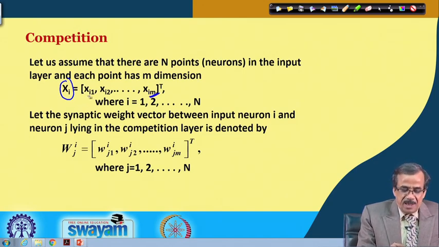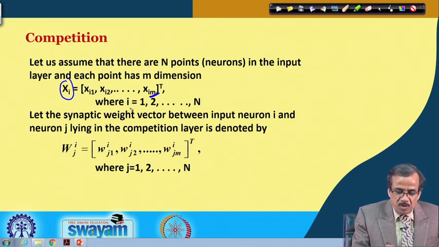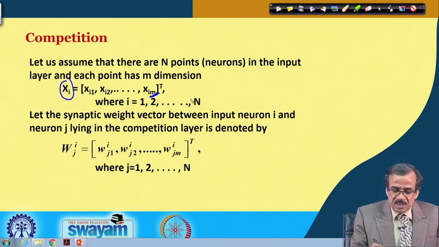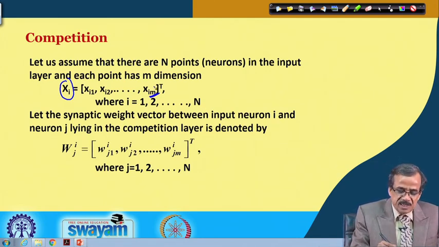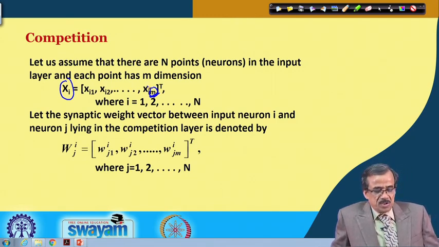So, I have got m numerical values, where i varies from 1 up to capital N. This N is the total number of data points, and each point has small m dimension. Now, how to carry out this competition?